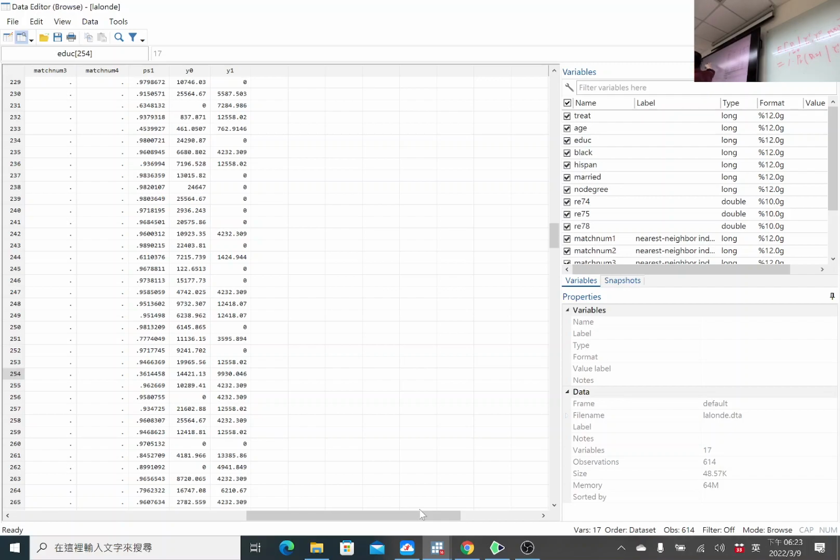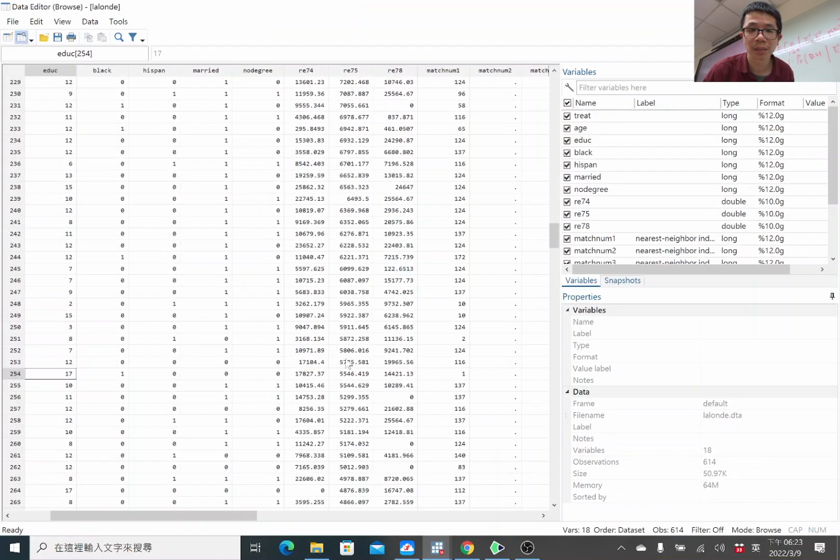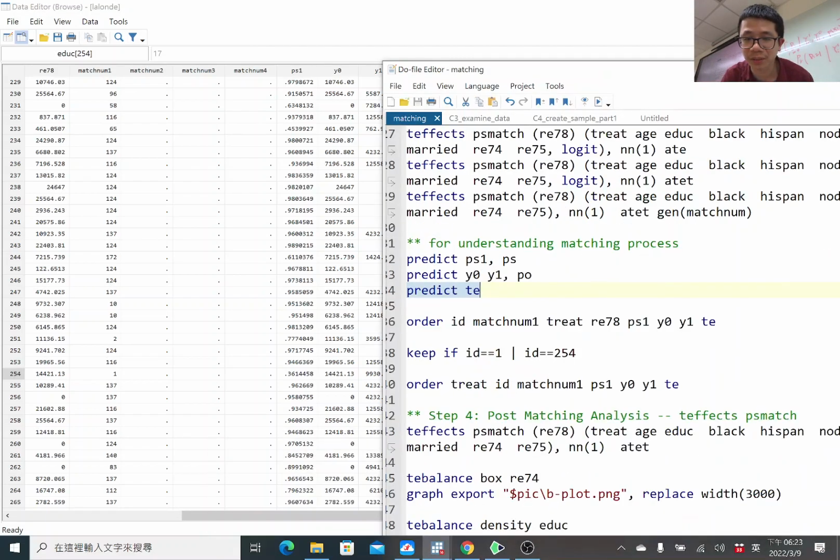And I will let you know what they're doing. And then predict TE is the treatment effect, that is the difference between y1 and y0. So you will generate this variable. Let me let you know what this means.